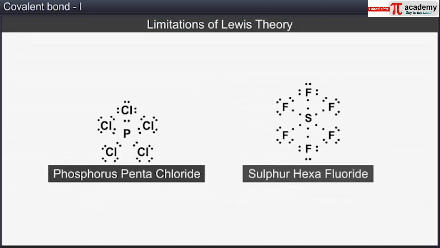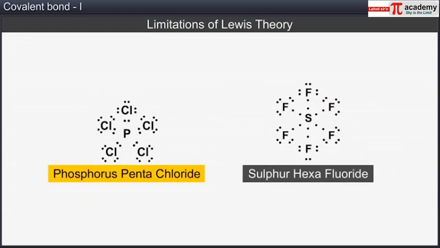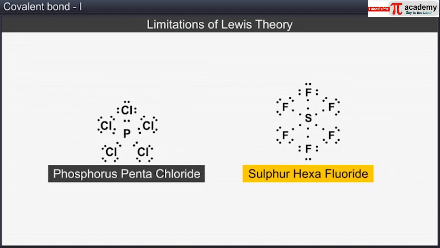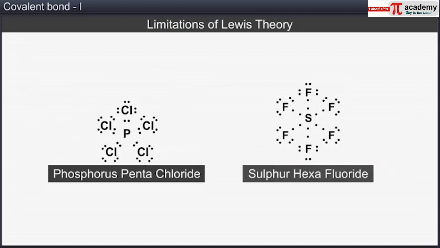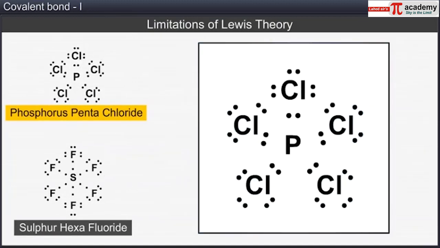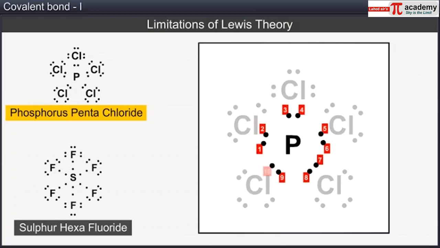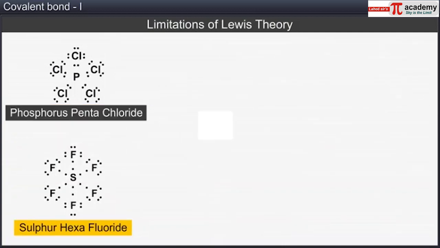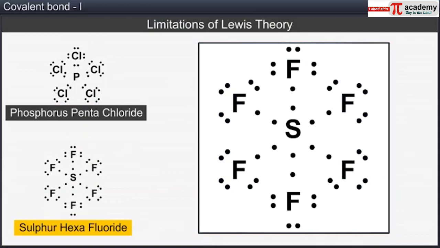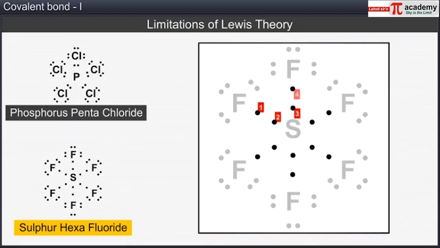Hence, the octet rule is not applicable for the molecules such as phosphorus pentachloride and sulfur hexafluoride, etc. In phosphorus pentachloride, phosphorus, the central atom has 10 electrons in its valence shell. In sulfur hexafluoride, sulfur is the central atom and it has 12 electrons in its valence shell.